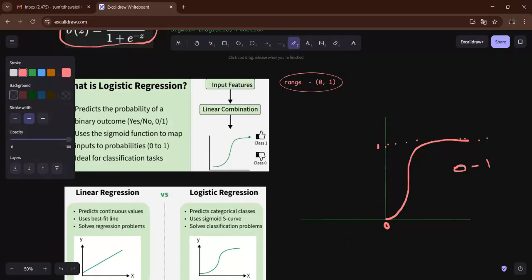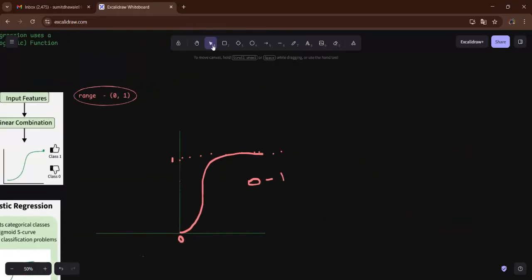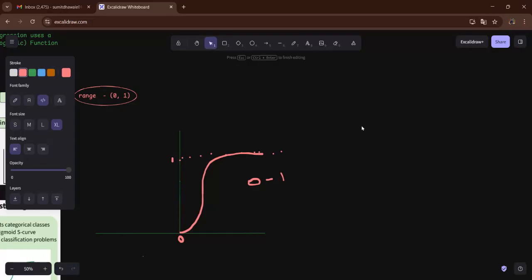What is the meaning of 0 and what is the meaning of 1? Let's take a simple example, like whether a patient is diabetic or not. How will the outcomes look? Whether the patient suffers from diabetes or not.